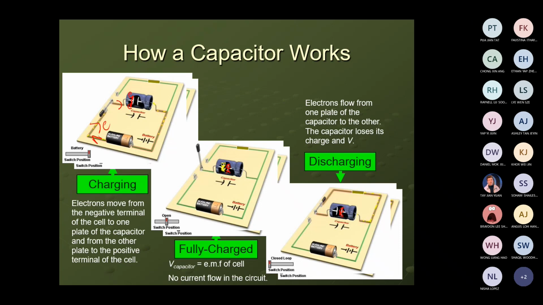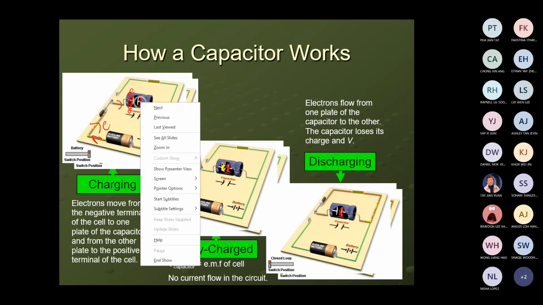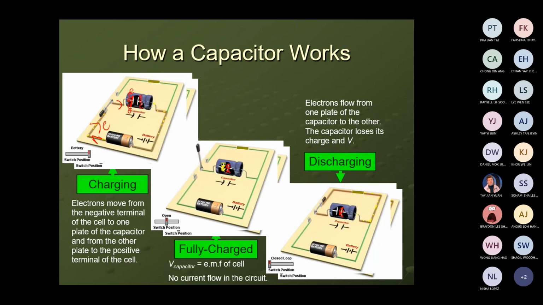Okay, the electron won't cross over, because more electrons accumulate in the left plate. Due to the repulsive force, the electrons on the right plate will be pushed to the right. So the electrons on the right will flow back to the battery.